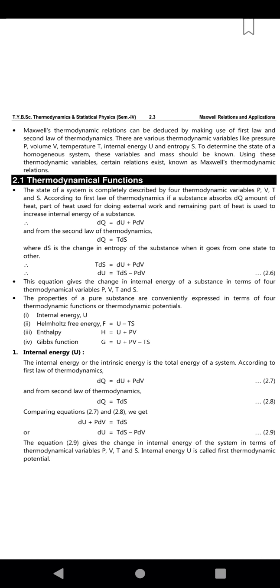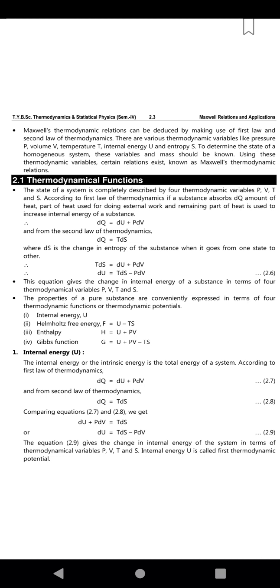Suppose the molecules are moving in a straight line; by absorbing heat, they will move in random motion. There is a disorder in the system. Therefore, ds is the change in entropy of the substance when it goes from one state to another.